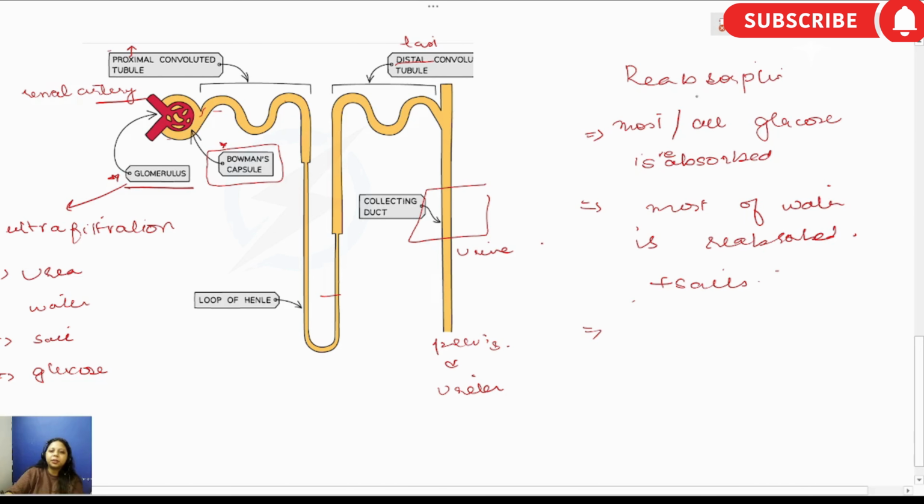Completely reabsorbed is glucose. What is partially reabsorbed? Water and salts. What is not reabsorbed? Urea, correct. So we must know this. Urea is not at all reabsorbed.